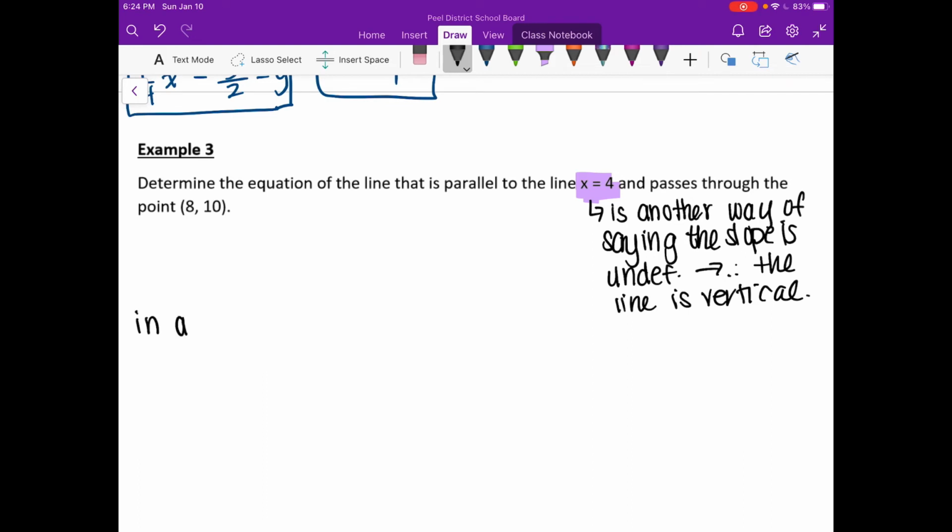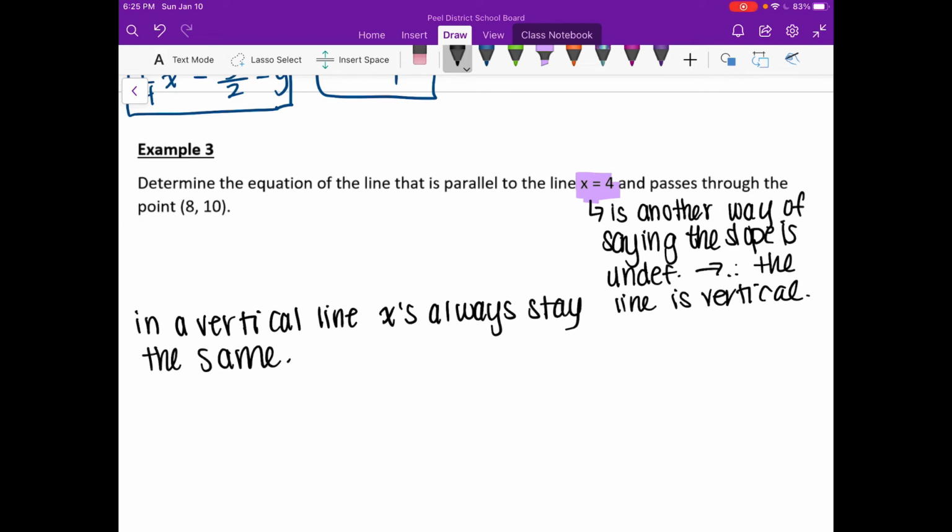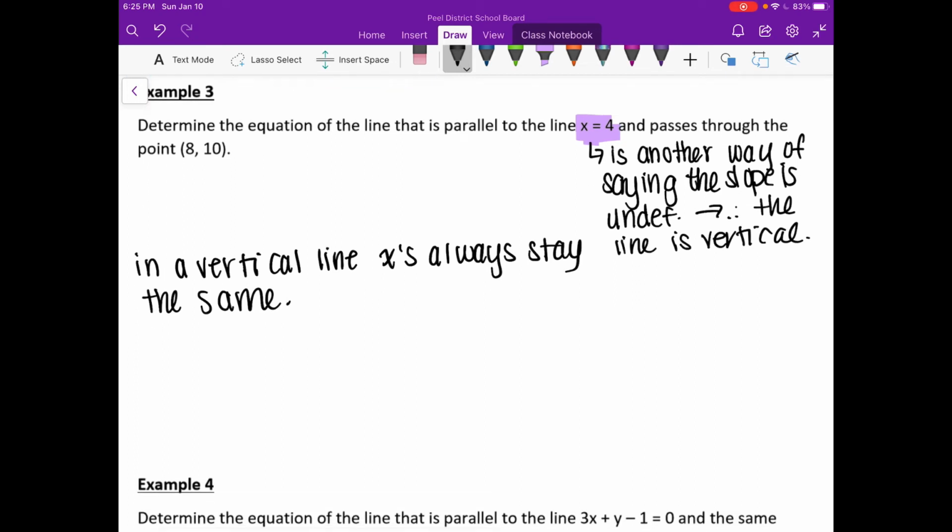In a vertical line, x's always stay the same. So if this is a parallel vertical line, it means that the x is going to stay the same. We have 8 and 10, which means that our next one is going to be 8 and 11.